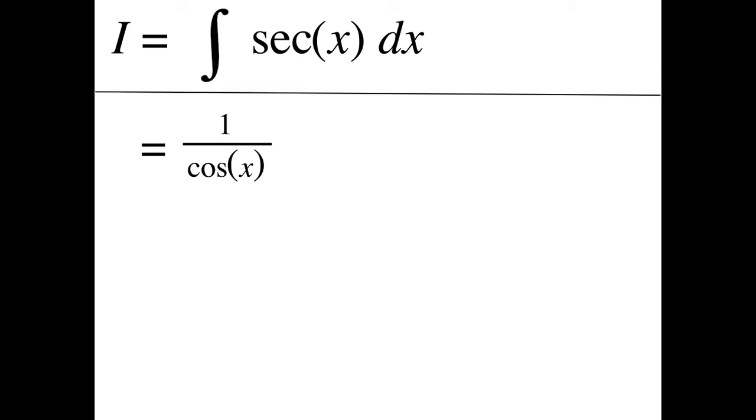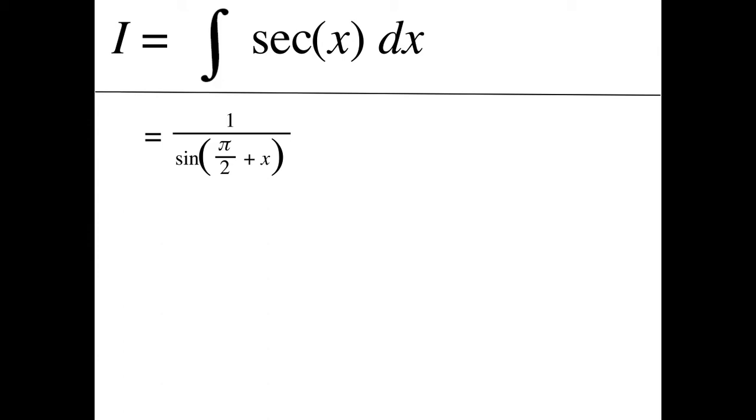And what is sine of (90 plus x), or sine of (pi by 2 plus x)? It is basically cos x, right? So I can write it this way: 1 over sine of (pi by 2 plus x).